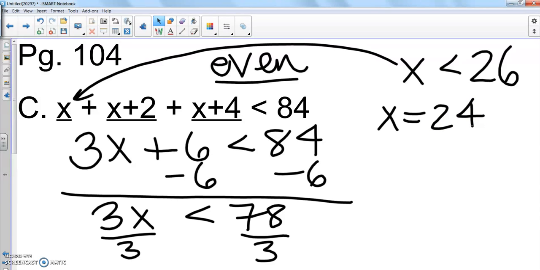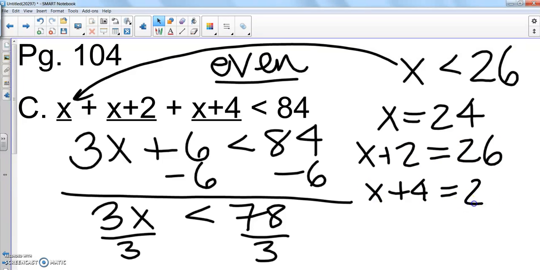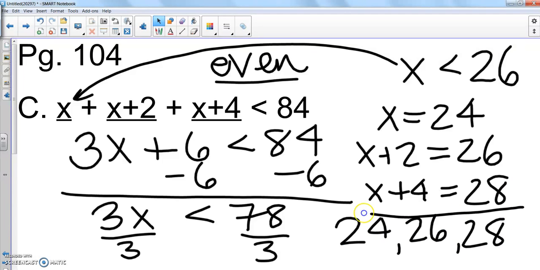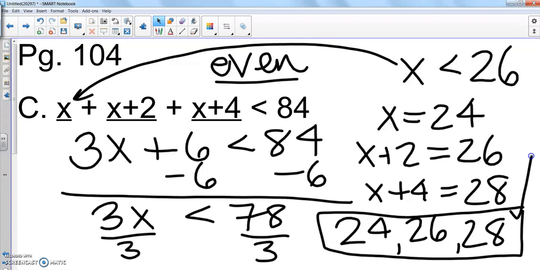So if x is 24, the next one would be x plus 2, which is 26. And the next one would be x plus 4, which is 28. So if you add 24 plus 26 plus 28 all together, would you add them up? Would it still be less than 84? Yes.